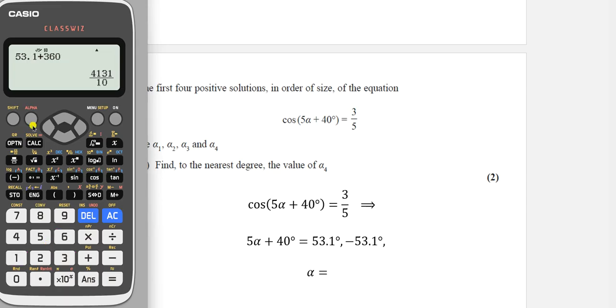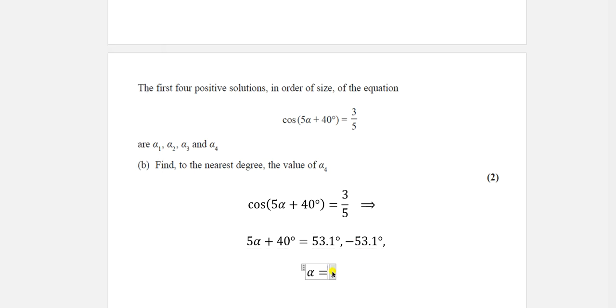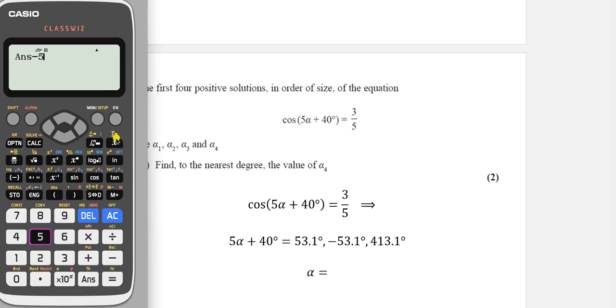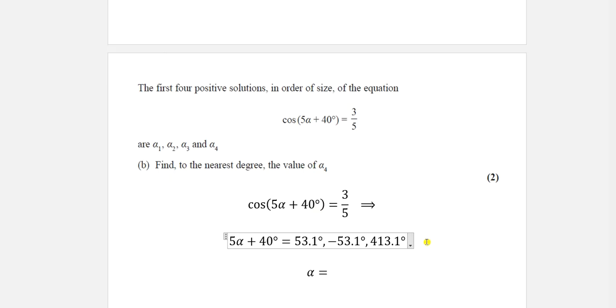You can just add 360 to it. That gives us another one, 413.1. And we can also do the same thing with minus 53.1. We can just take minus 53.1 and add 360 to it, and that gives us an additional solution, 306.9.